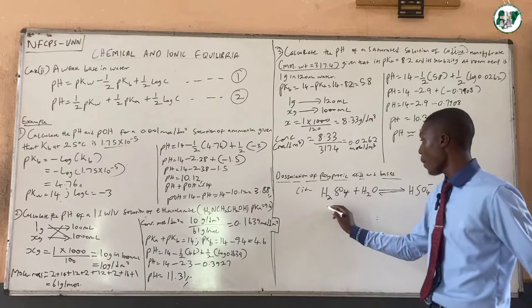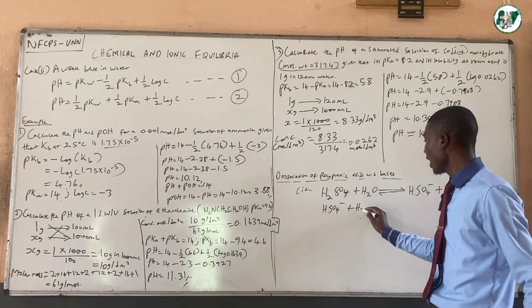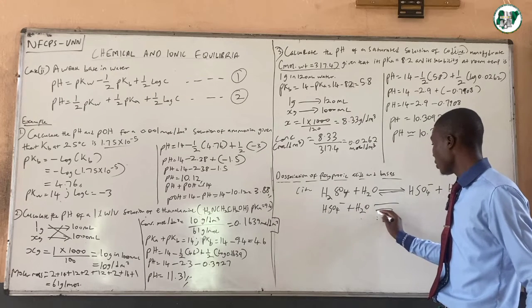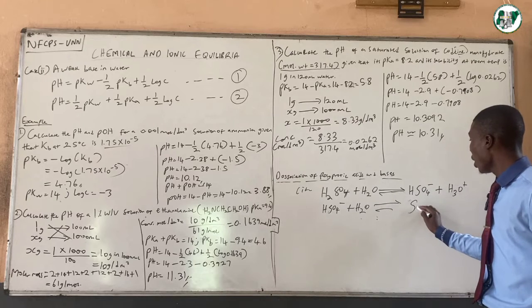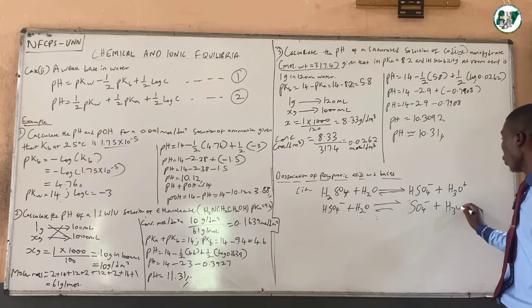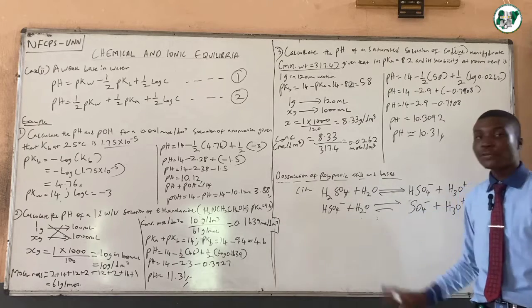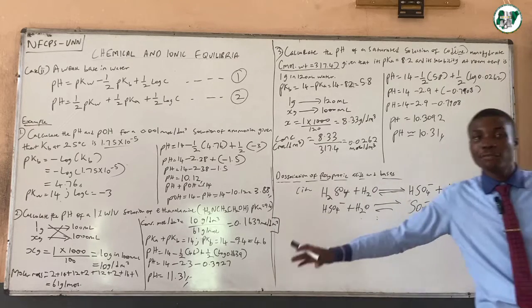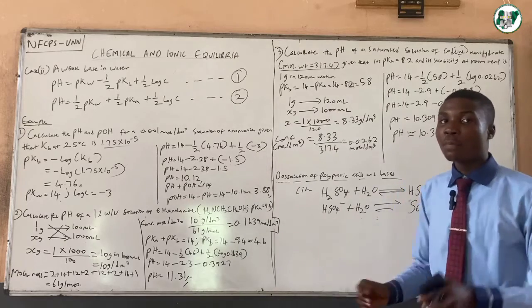The second dissociation will now be HSO4- plus H2O, which will now give us SO4 2- plus H3O+. What you need to note about this is that the dissociation constants for the different levels of dissociation are different. That's basically what you need to know, and every other detail you need is available in your material.